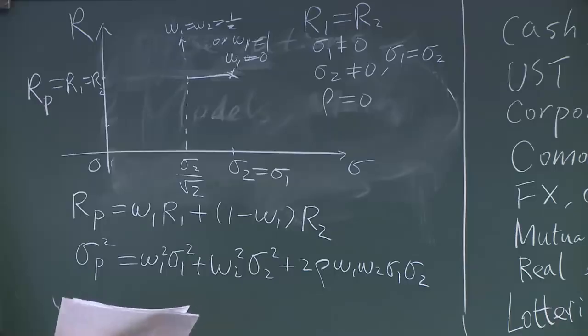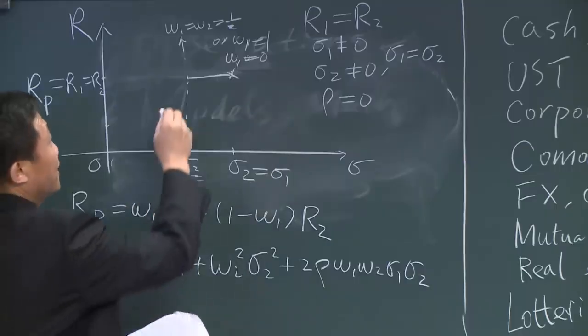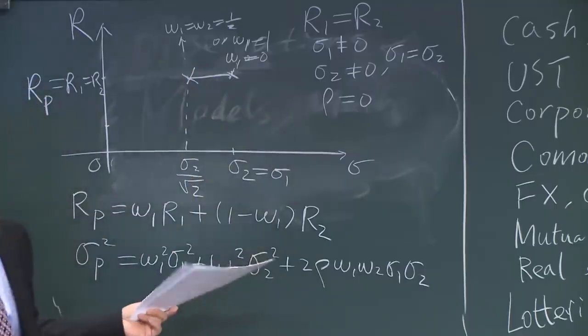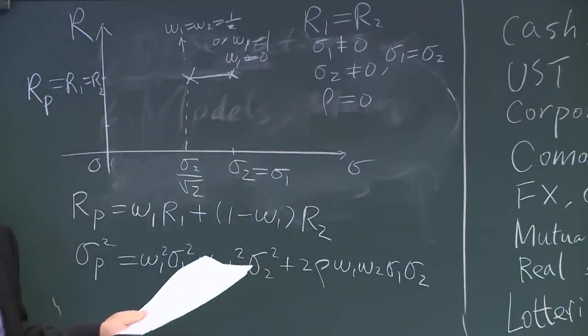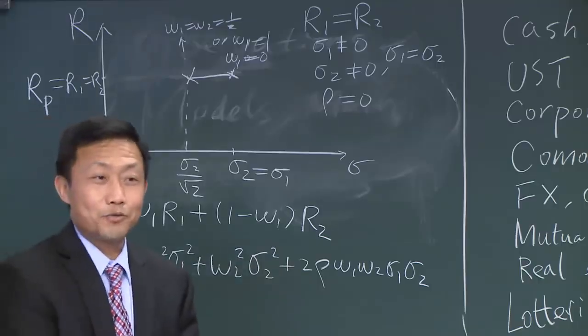So what's that called? What's that benefit? Diversification, right? When you have less than perfectly, positively correlated assets, you can actually achieve the same return but having a lower standard deviation. Okay, that's fairly straightforward.